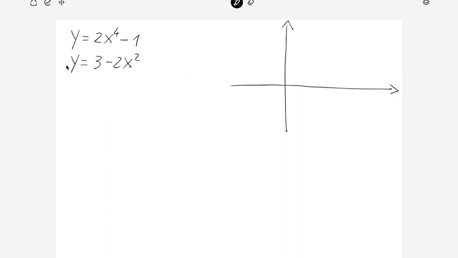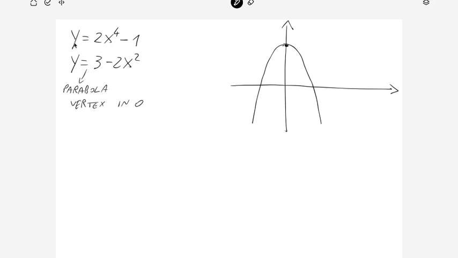So, this curve is a parabola with vertex in 0. When x is equal to 0, y is equal to 3. And the concavity is in this way, so below. Okay, this is very similar to a parabola, but this is not exactly a parabola.